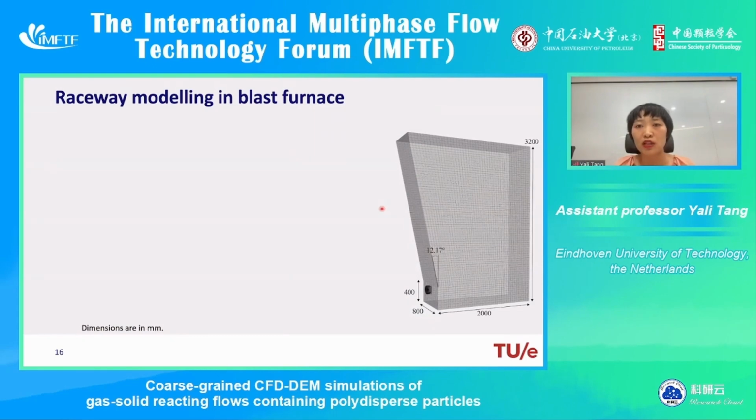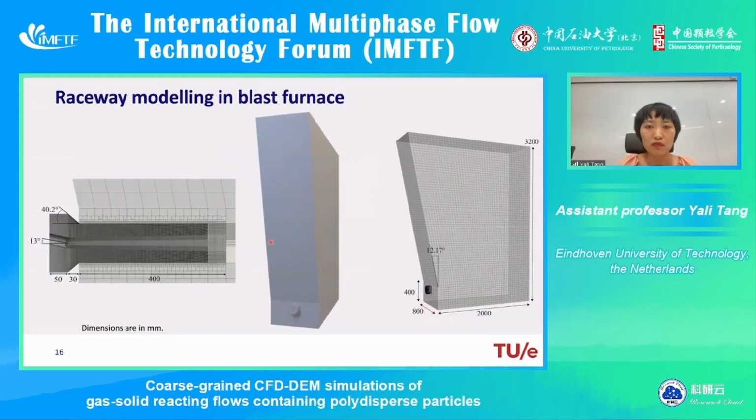Due to the computational power, we limited our simulation to only a slice of this furnace, with only one single nozzle. The dimensions are around 3 meters high, 2 meters wide, and almost 1 meter in depth.